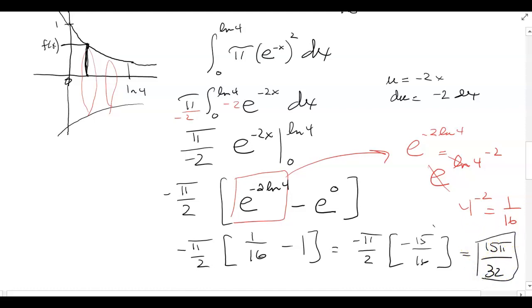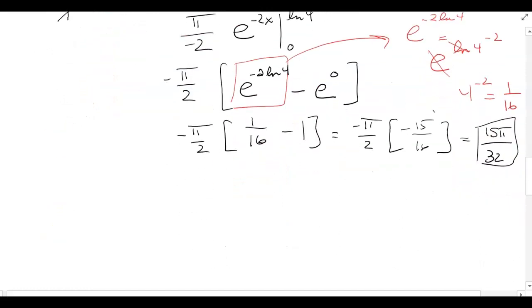Okay. Now, as we found in the last section, there's going to be a lot of variations on this. This is just the very simple disk around the x-axis. I don't have to only rotate around the x-axis. I can rotate my function around the y-axis.